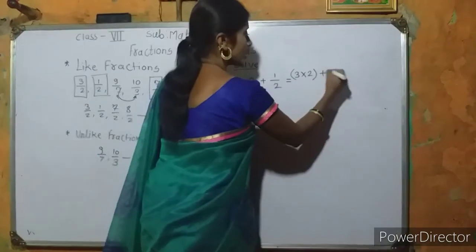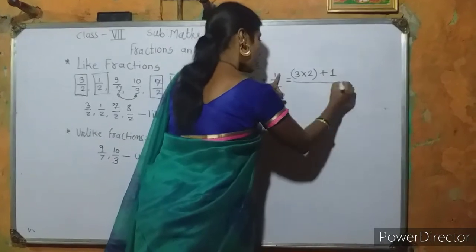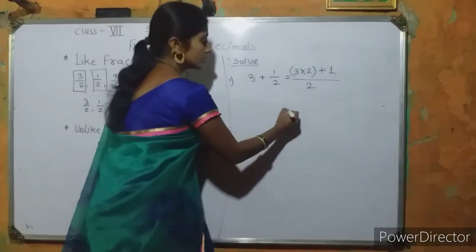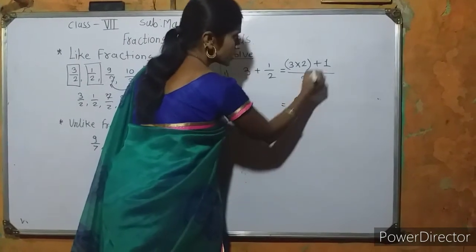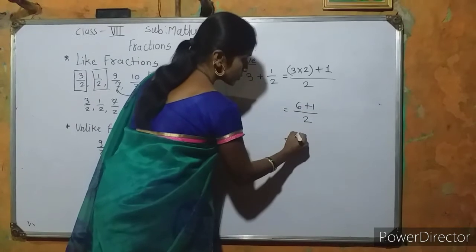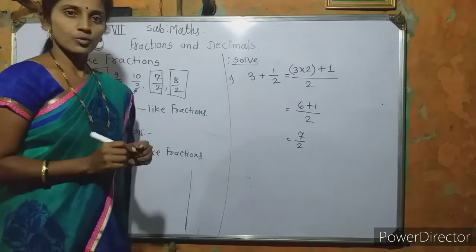So we put plus, and write the numerator as it is and the denominator also as it is. Then 3 into 2 is 6 plus 1 over 2. 6 plus 1 is 7 by 2. This is the answer. Okay.